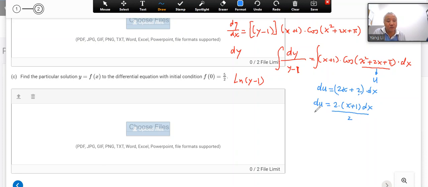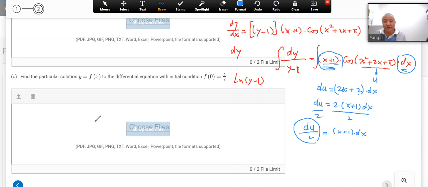Then you divide by 2, so du over 2 equals (x plus 1) dx, like this. You see? This part just equals this one. This is called u substitution, okay?